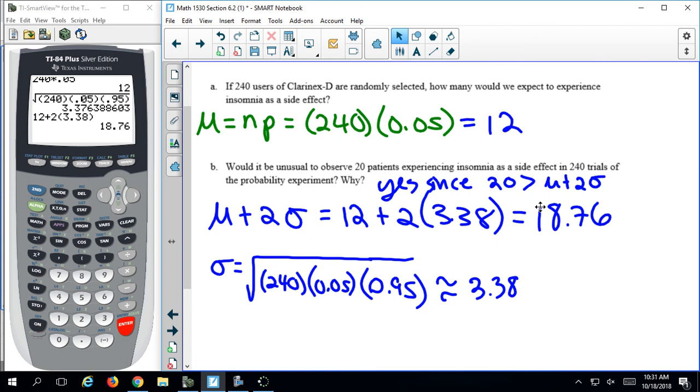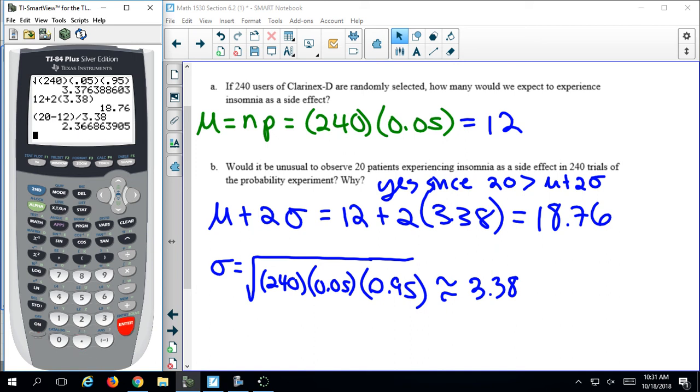The other thing we could have done was find the z-score. You remember the z-score? So we would take 20, subtract the mean and divide by the standard deviation. And the z-score is 2.37.